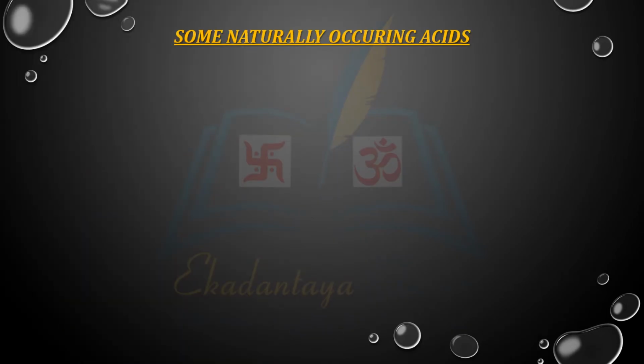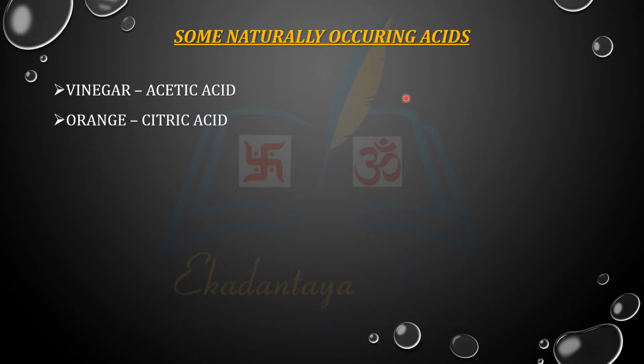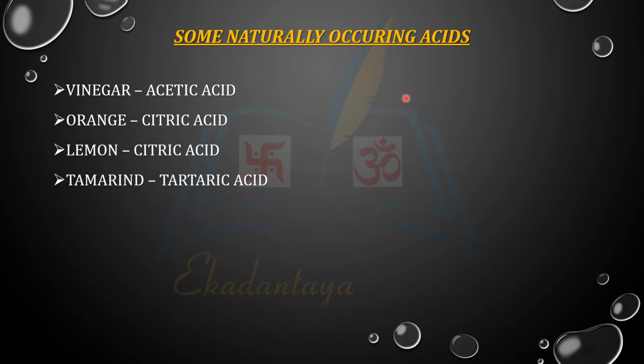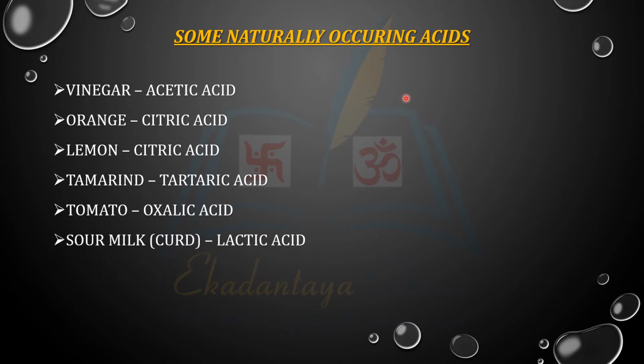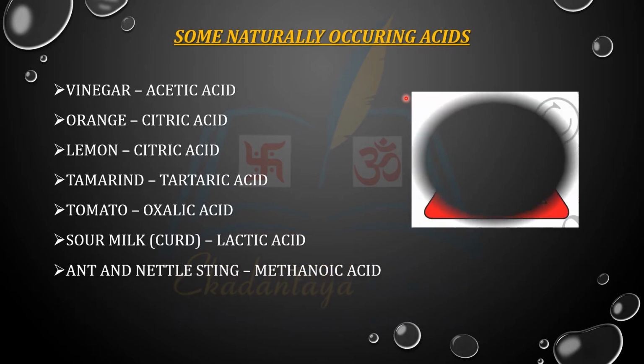Now let's see some naturally occurring acids, that is vinegar, acetic acid, orange citric acid, lemon citric acid, tamarind tartaric acid, tomato oxalic acid, sour milk, that is curd, lactic acid, and nettle sting methanoic acid.